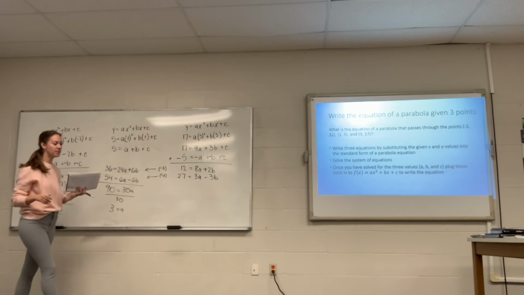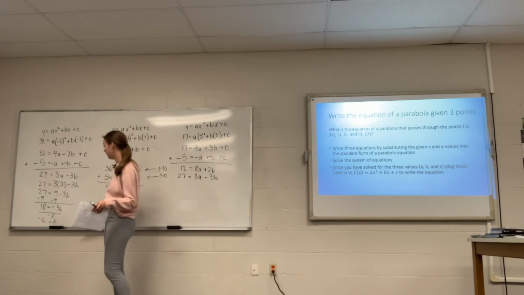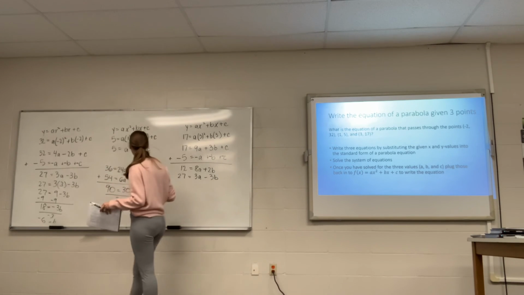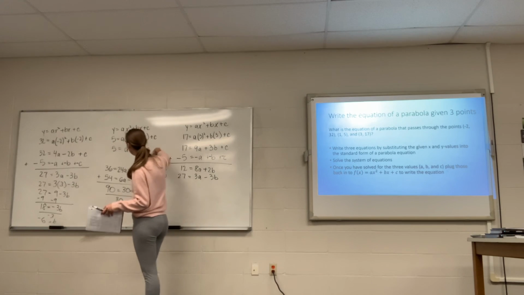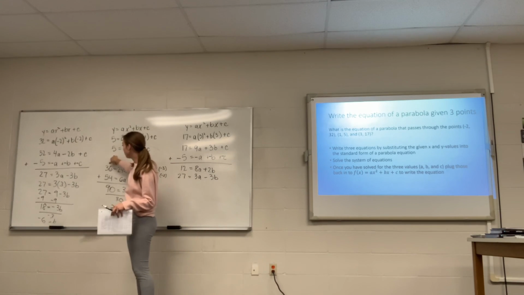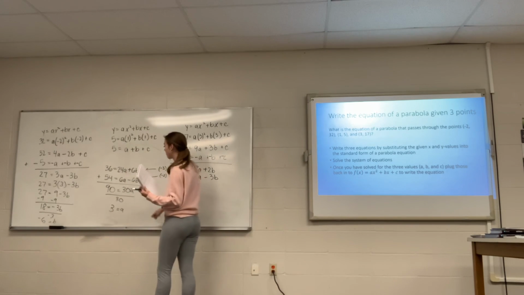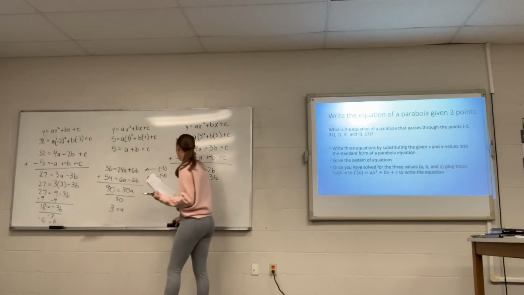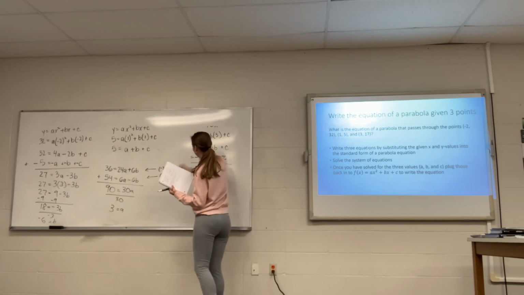All right, and then to get the last one, once you have two variables, so we have our a is 3 and our b is negative 6, we can plug into just one of our original equations that we wrote. This one looks pretty easy to me, the 5 equals a plus b plus c. So let's plug into this equation right here. I'm going to erase this side just for some room over here.